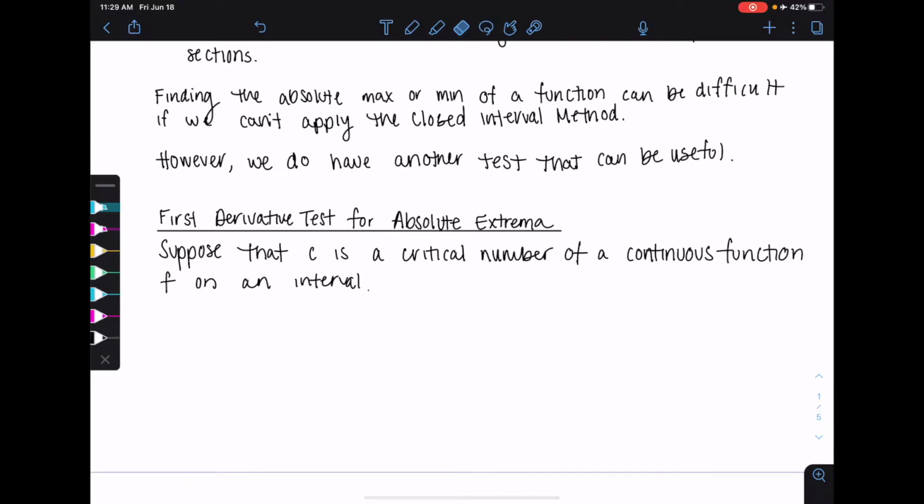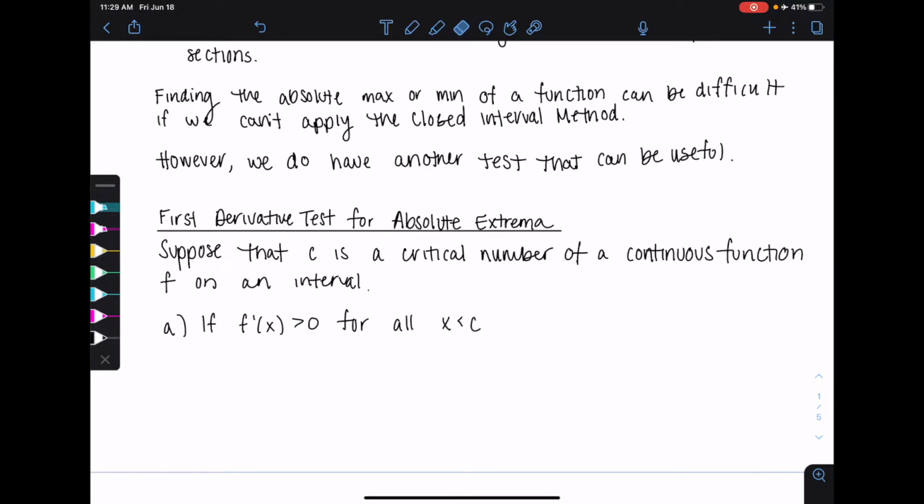So this states, suppose that C is a critical number of a continuous function on an interval. Basically, if it's the only critical number and it's going to swap from increasing to decreasing, or vice versa from decreasing to increasing, you can classify it as an absolute extrema.